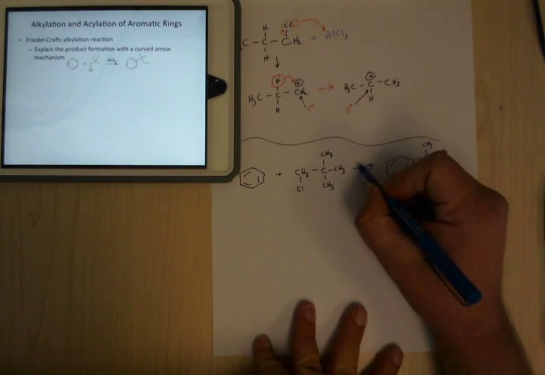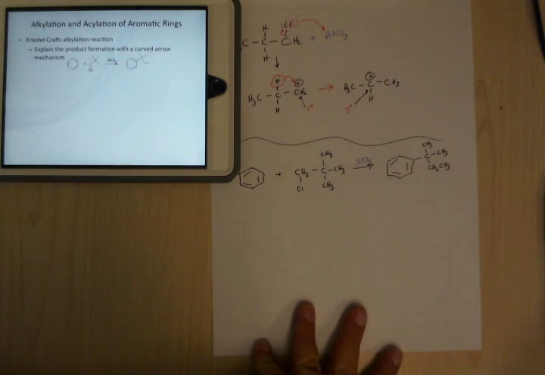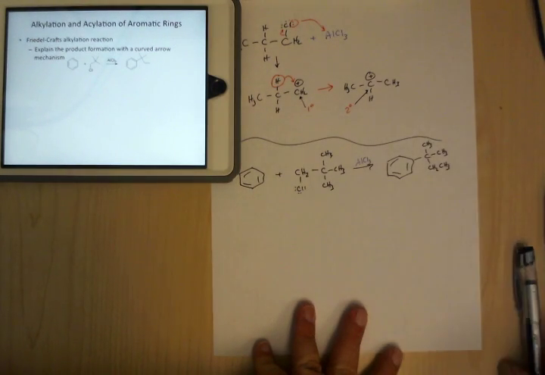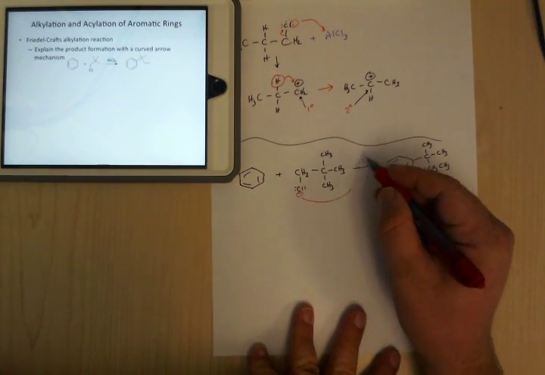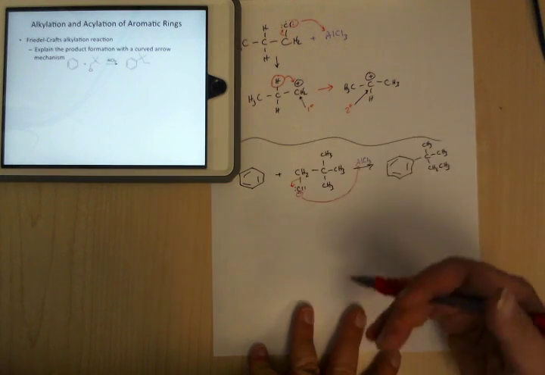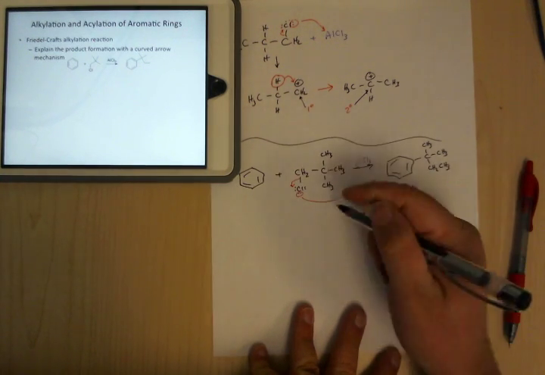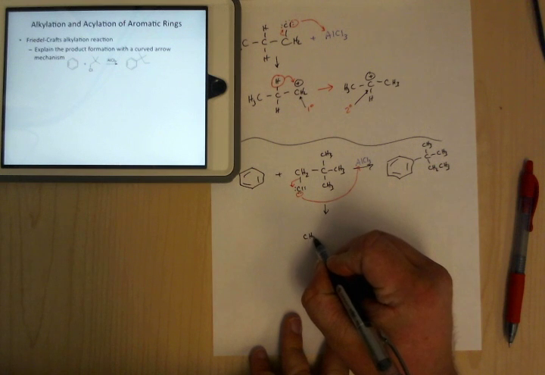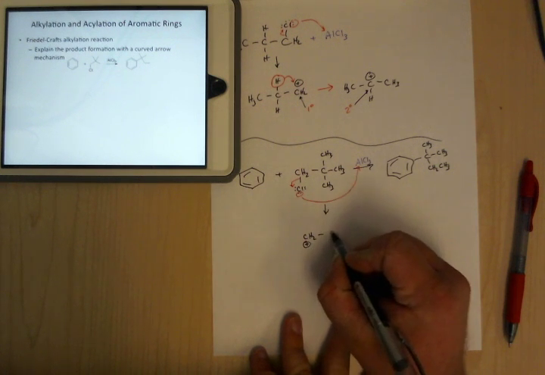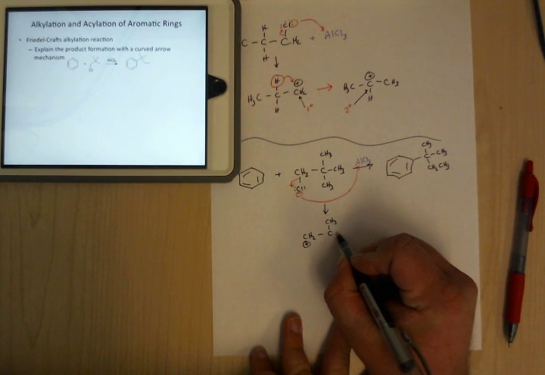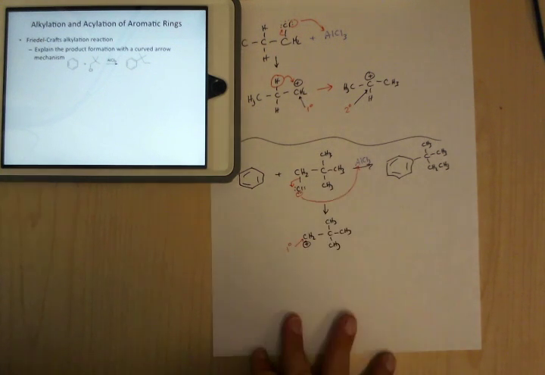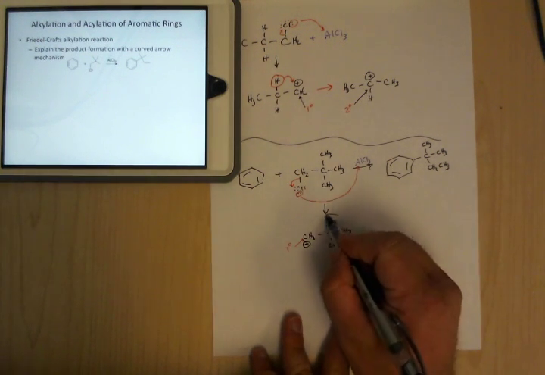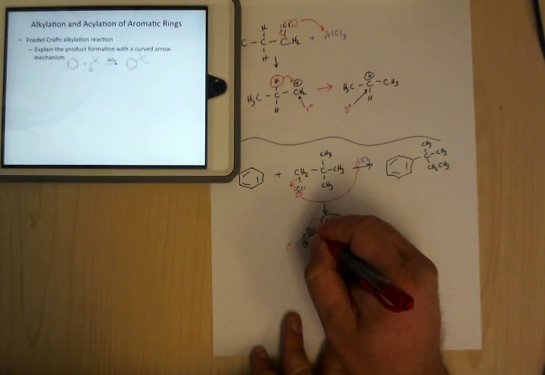So what ends up happening is you have your AlCl3, and this lone pair comes in and attacks the Lewis acid. But in doing so, it rips off those electrons here to make this intermediate, with a positive charge there. Again, you're talking about a primary carbocation. So this guy here will shift over.